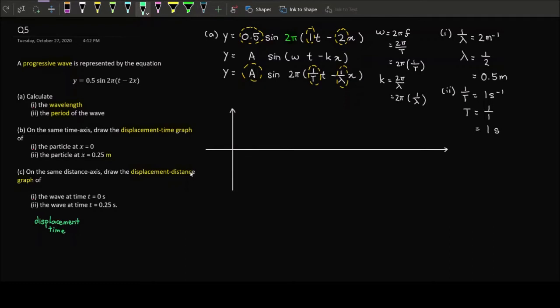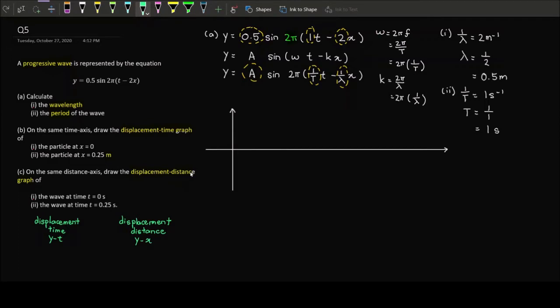You have two types of graph: the displacement time graph, usually called a YT graph, and the displacement distance graph, a YX graph.